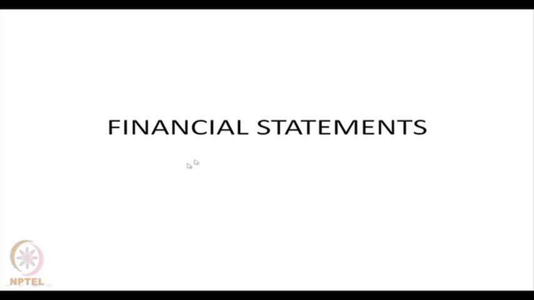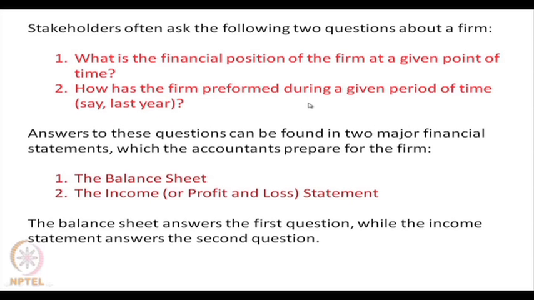One is called the balance sheet and the other the income statement or the profit and loss statement. Let us see what these two financial statements are all about. So, the lecture is entitled Financial Statements.